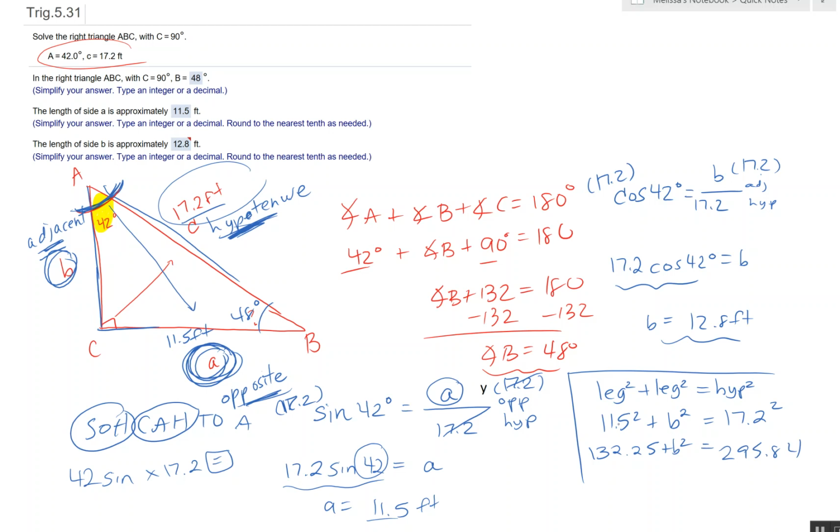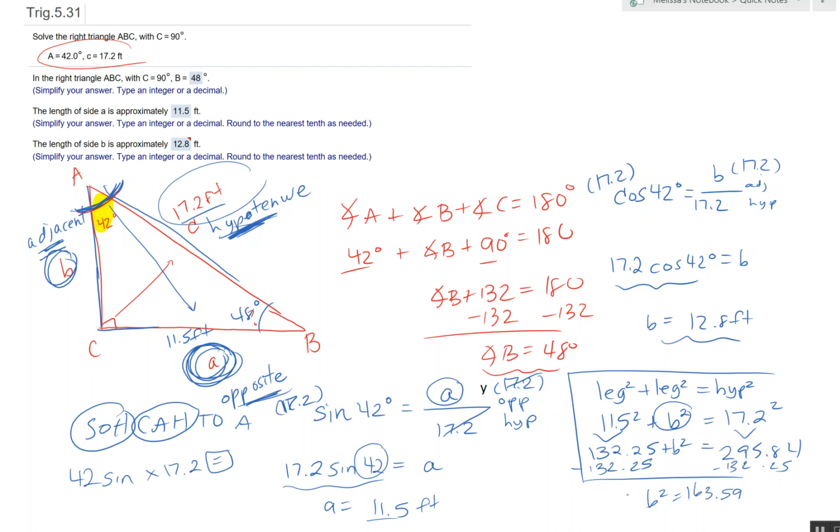So I get 11.5 squared is 132.25 and 17.2 squared is 295.84. Then we want to get B squared alone, so we subtract the number 132.25 from both sides of the equation. So this gives us the value 163.59.